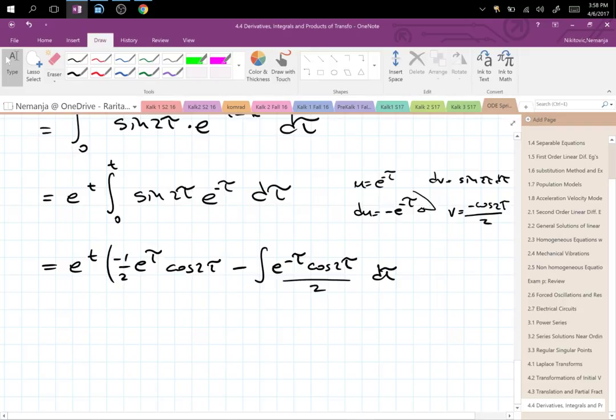And what do you do? One more time, right? So now we do this one more time, integration by parts, and then we move the term. It's just a little bit of busy work, nothing major.